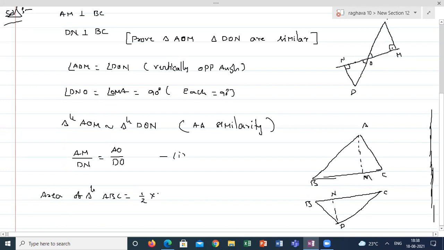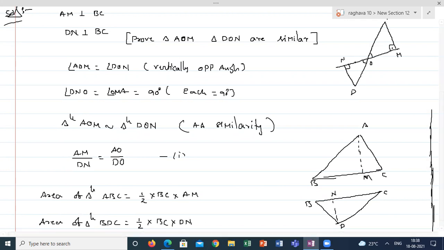My base is BC because the vertical is drawn to BC, and the height is AM. Same as area of triangle BDC, half into BC into DN.